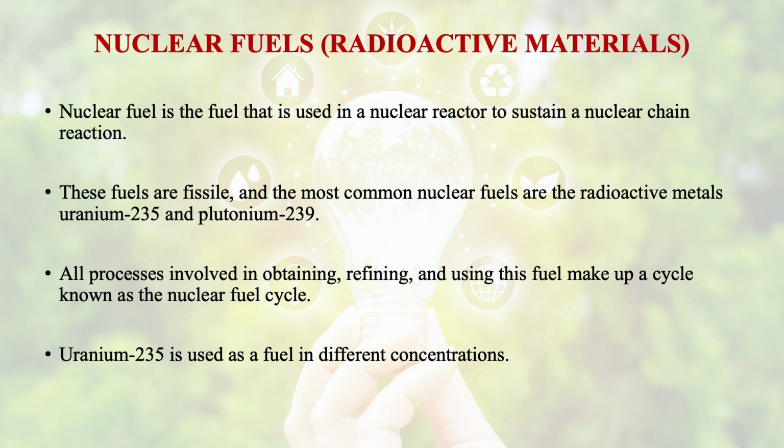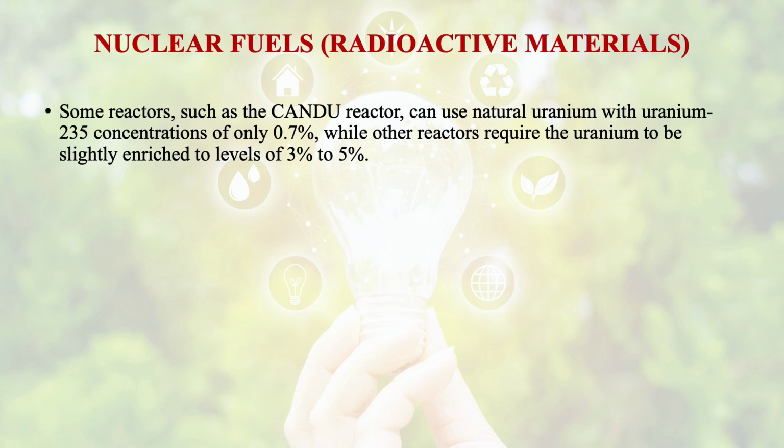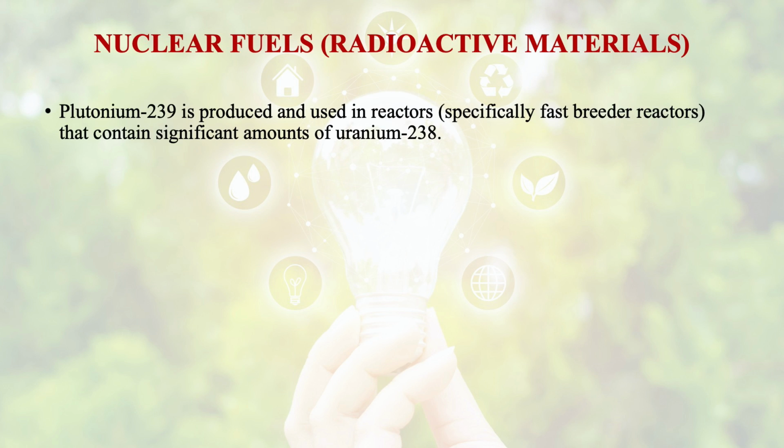Uranium-235 is used as fuel in different concentrations. Some reactors, such as CANDU reactors, can use natural uranium with a uranium-235 concentration of only 0.7%, while other reactors require the uranium to be slightly enriched, in the range of 3 to 5%.